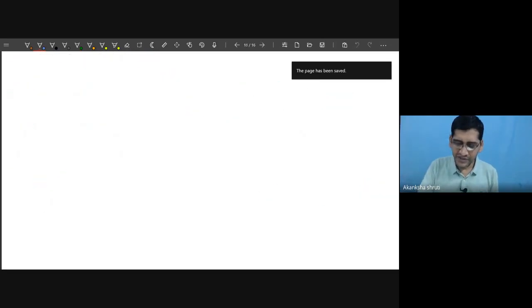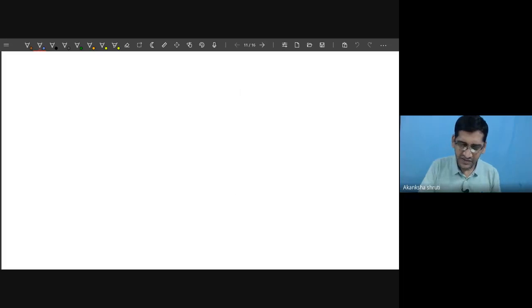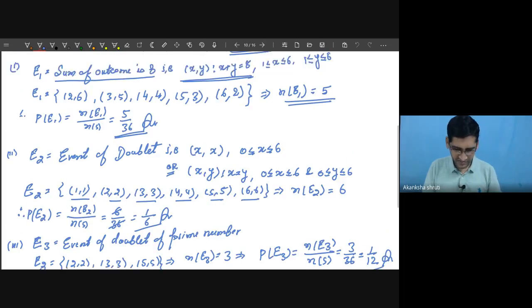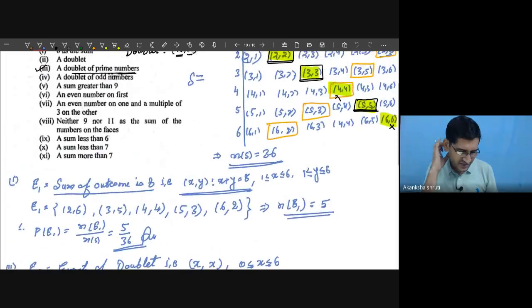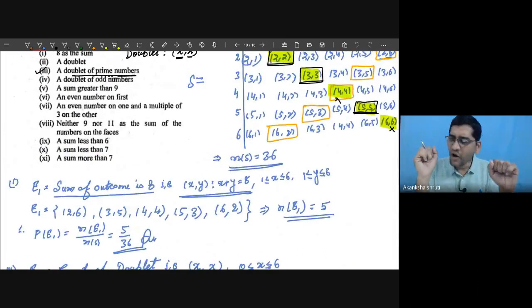Now let us go for the other part. What is the other part? Doublet of odd number. What is odd number, student?